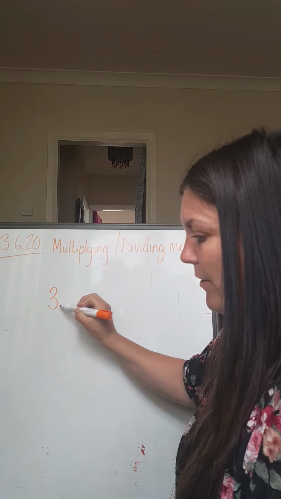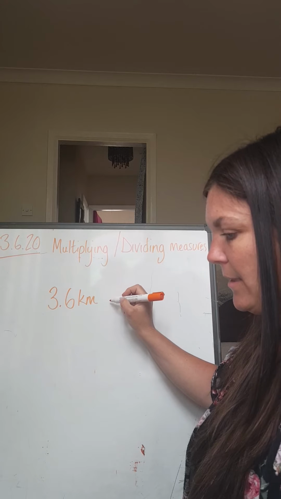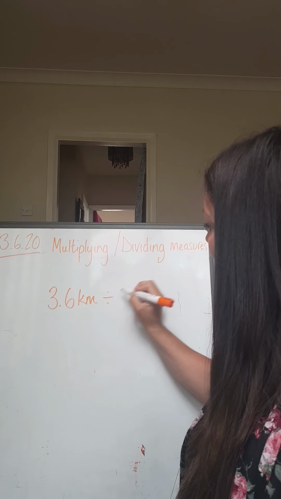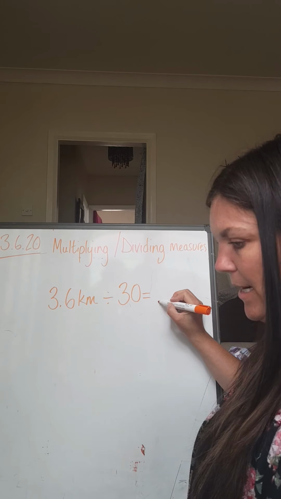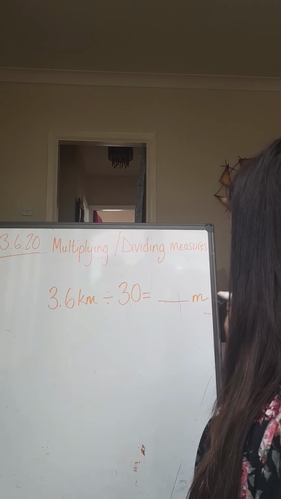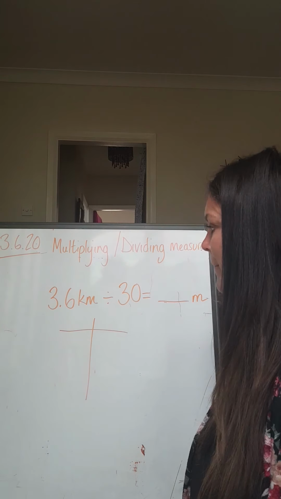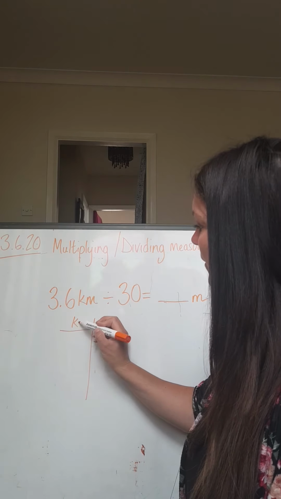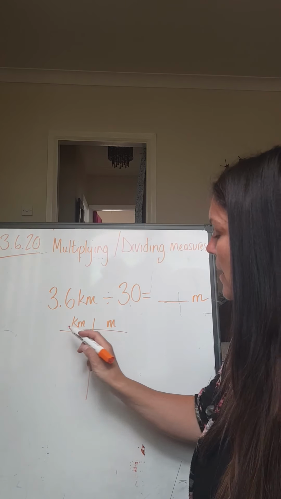Question number 7. 3.6 kilometers divided by 30 equals, and I want the answer in meters this time. Okay, let's do the little table. I'm going to do my conversion first. If I have kilometers and meters, there's that kilo again.